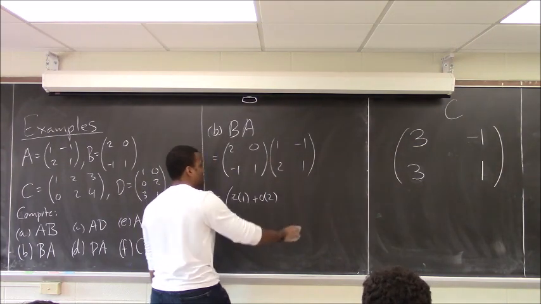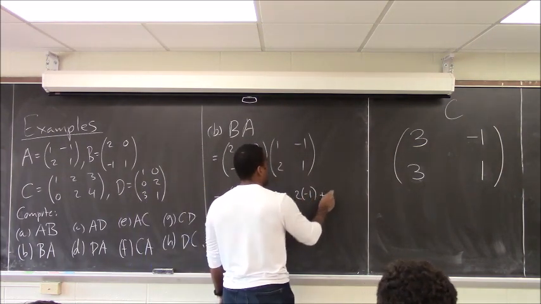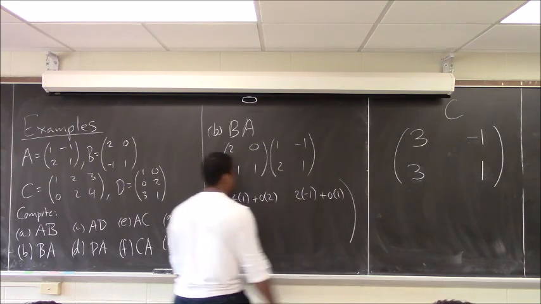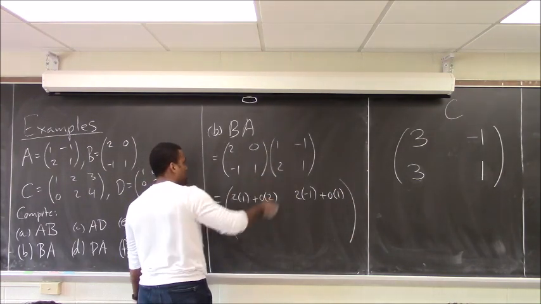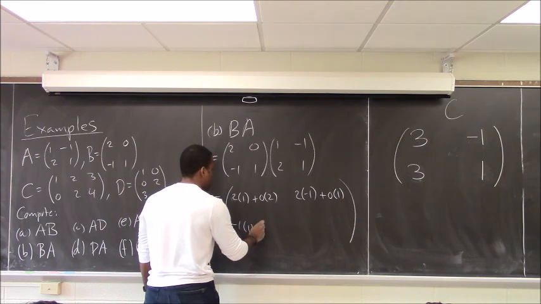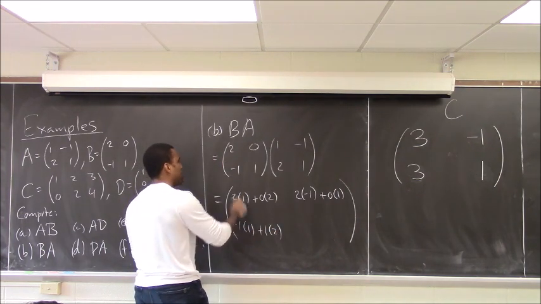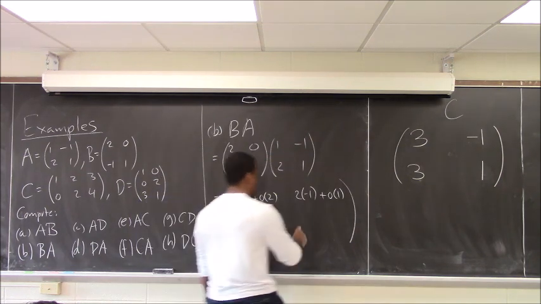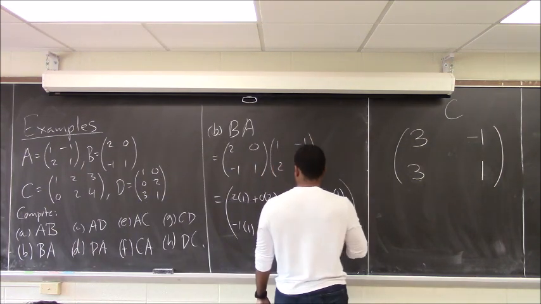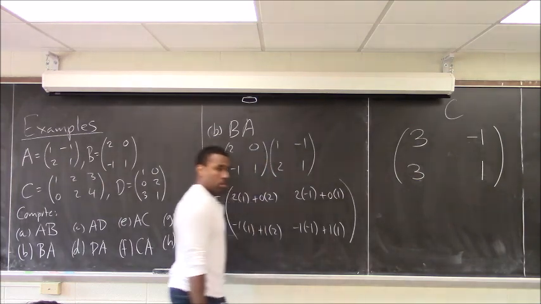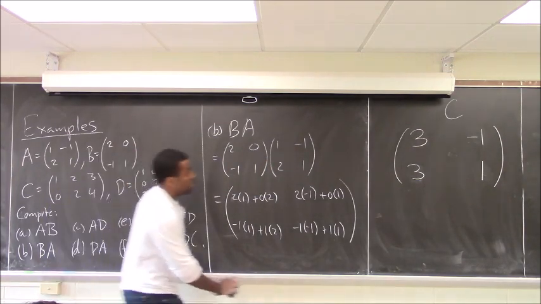First row, second column. Second row, first column. Second row, second column. So it goes like that.